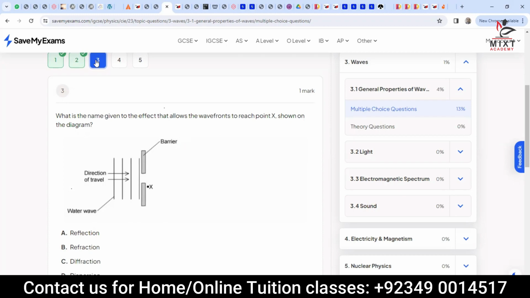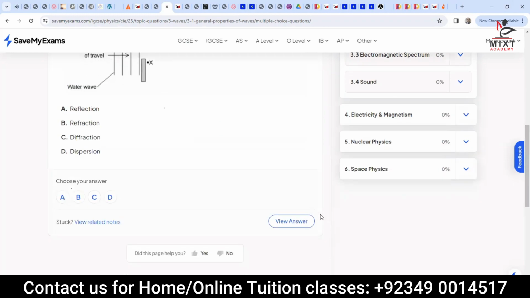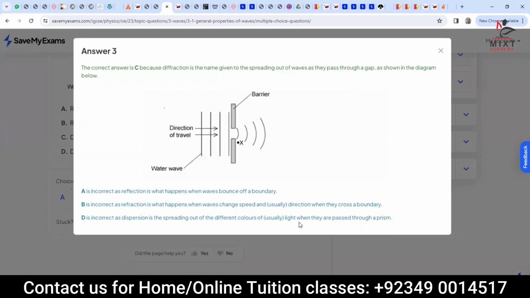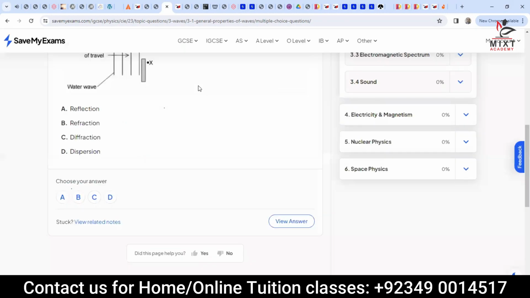This is not called reflection. This is not called dispersion. This is called diffraction. Whenever light bends or passes through these small barriers, we call this diffraction. We will be studying this in a minute, but this is diffraction. Check this out. C, diffraction, right? Now the next.